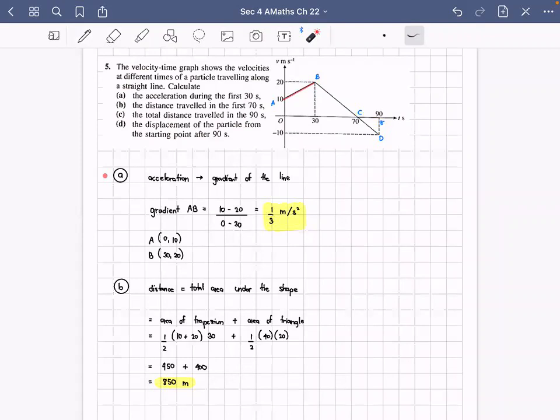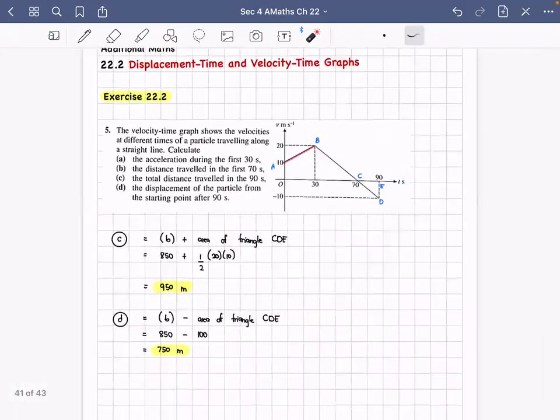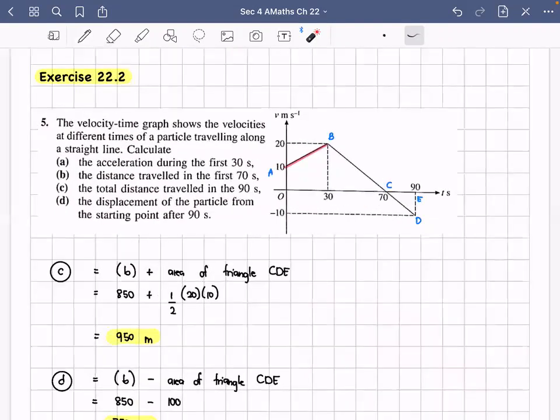Now let's go right away to letter C. It's asking for the total distance traveled in the 90-second mark. We know from 0 to 70 seconds, so we just need to add this part right here, this line over here, CD. We already got the first part from letter B, so I'm not going to solve that again.